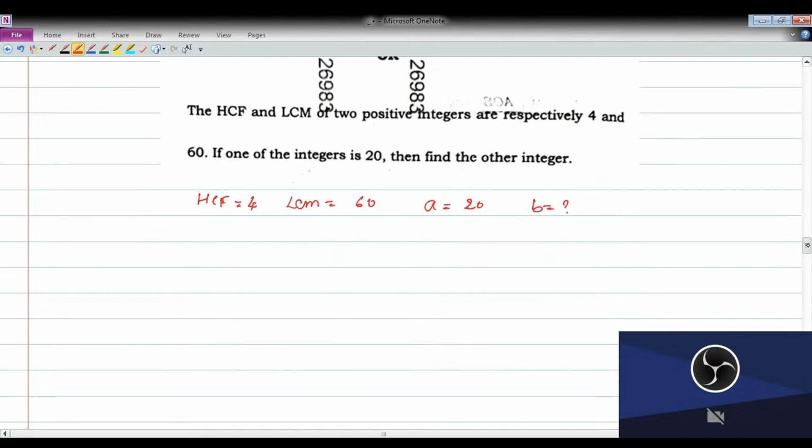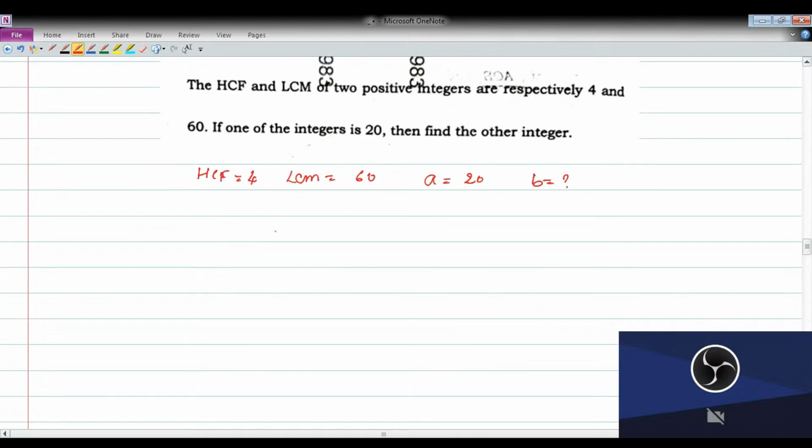So for this we need to use the relation between HCF and LCM. We all know the relation between HCF and LCM, that is HCF into LCM is equal to A into B. So HCF is 4, LCM is 60, A is 20, and I need to find the other number B. So 4 into 60 divided by 20 is equal to B. Therefore B will be equal to 4 into 3.